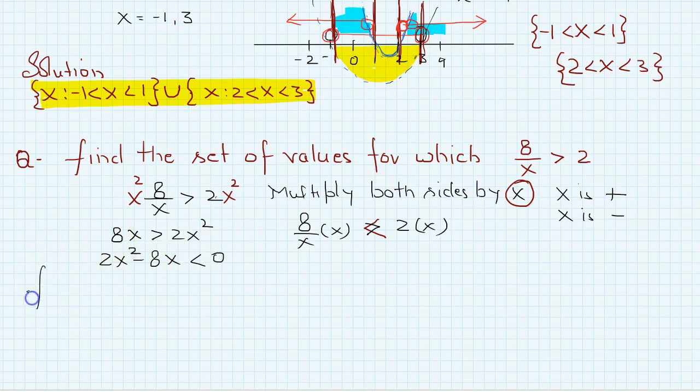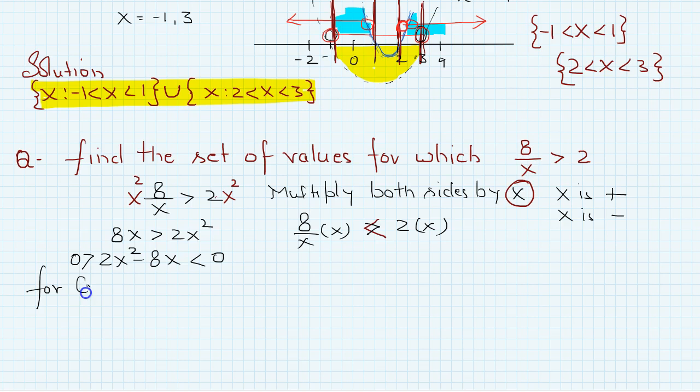Hope you understand this point. If I take this side, this sign will remain. The 0 is on this side, so 0 is greater than 2x square minus 8x. It means 2x square minus 8x is less than 0.